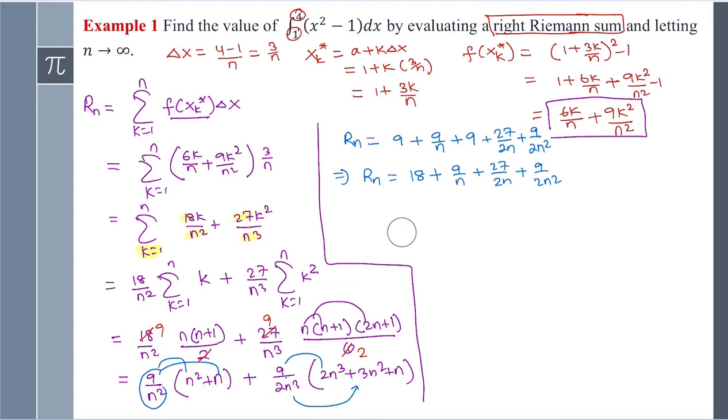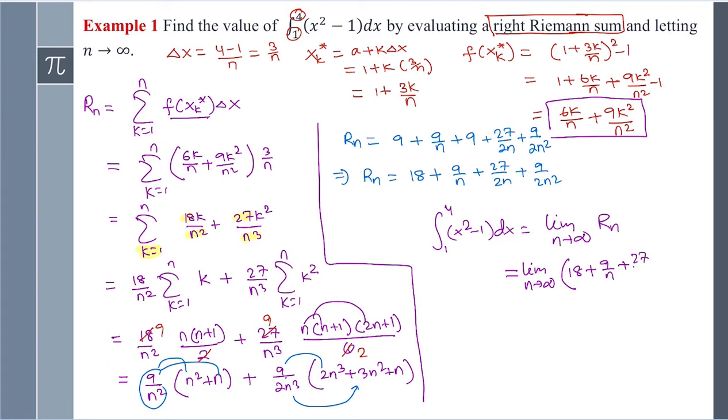Therefore, we can write the integral from 1 to 4 of x squared minus 1 dx equals the limit as n approaches infinity of r sub n, which is the limit as n approaches infinity of 18 plus 9 over n plus 27 over 2n plus 9 over 2n squared.